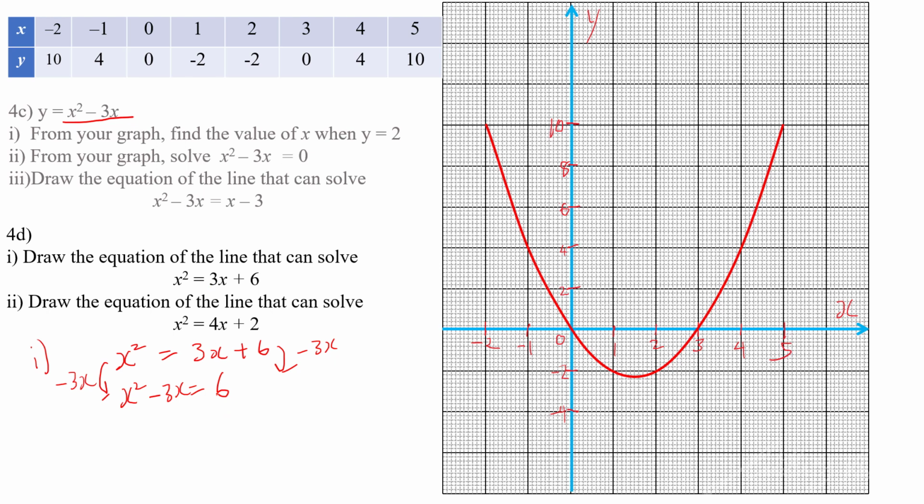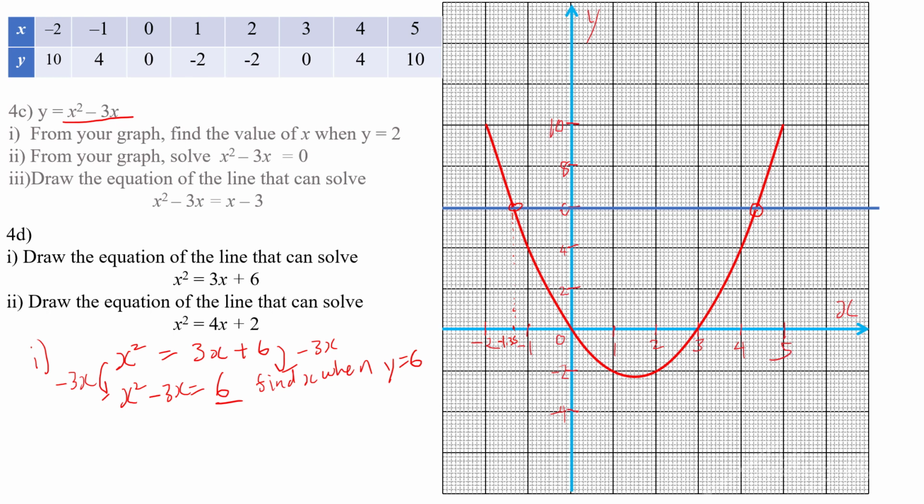What the question is asking us to do is find x when y is equals to 6. So we just have to draw a line here, and the intersection is here as well as here. So the x value down here should be negative. Here is negative 1.35.